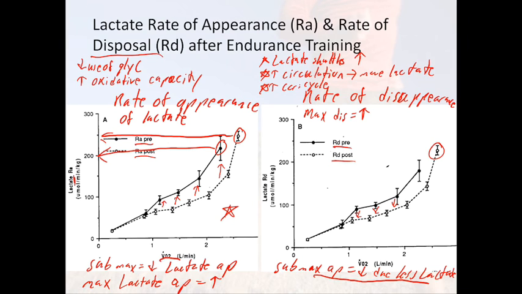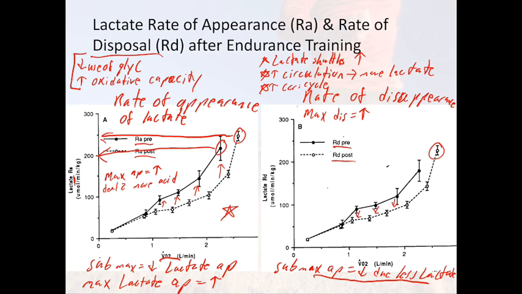And that's helpful. These two really explain why the submaximal lactate appearance was lower, but then why would the maximal appearance be higher? Maximal appearance is higher because we push ourselves more into glycolytic usage. We can deal with more acid buildup.